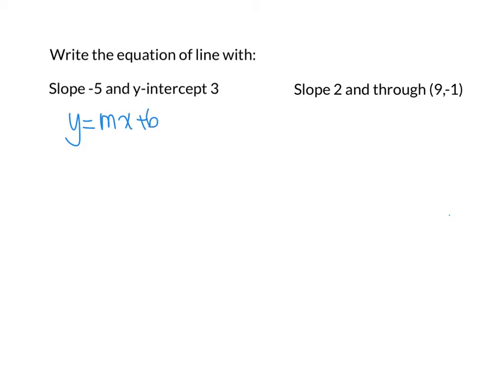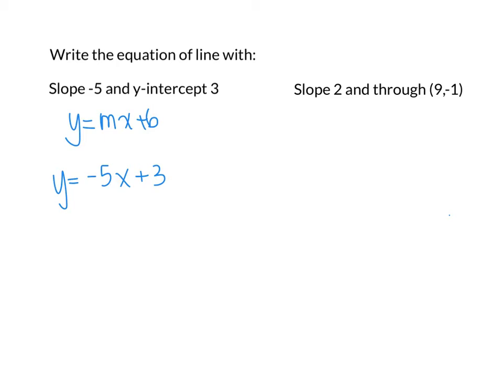And I know that my slope is negative 5, so my m is negative 5. My b is 3, so I can change this to y equals negative 5x plus 3. If it doesn't specify what form to use, I would just use whatever form is convenient for me, which in this case is the slope-intercept form.